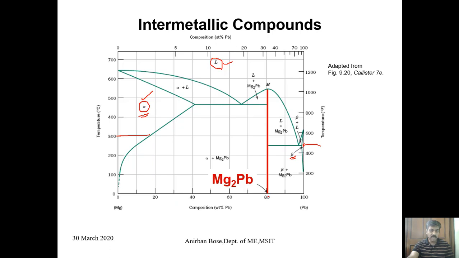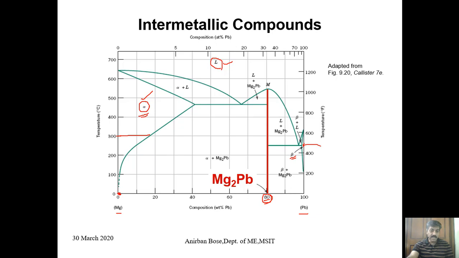But one interesting thing you can see in this diagram: if you mix 80% lead and 20% magnesium, you will find that they will form a solid solution, forming a single phase. Okay, so this is a speciality of this binary system, which is the combination of magnesium and lead. They have primary phases at a very small amount of lead mixed with magnesium, that is the alpha or beta.